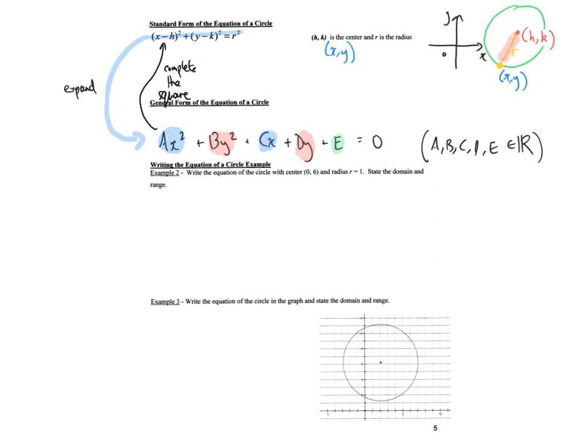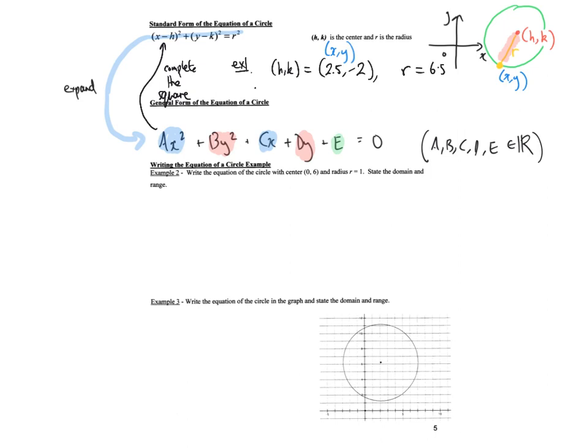So with the example that we just saw, we worked out that the center was 2.5, -2, and the radius was 6.5.